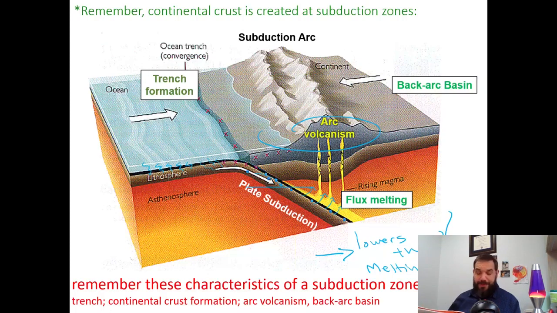And what does that produce? That produces, by partial melting, that flux melting, you lower the melting temperature of the mantle, it's flux melting, and it produces basalt.